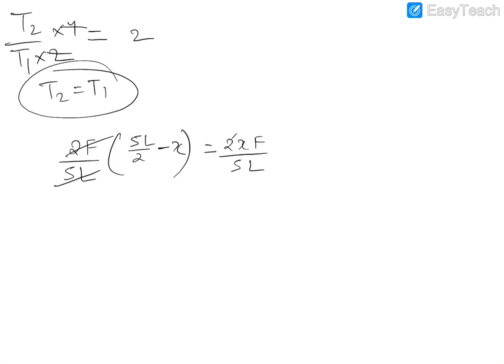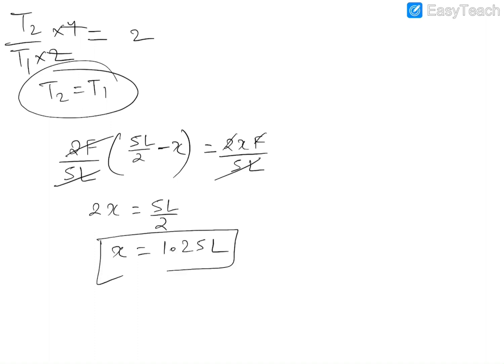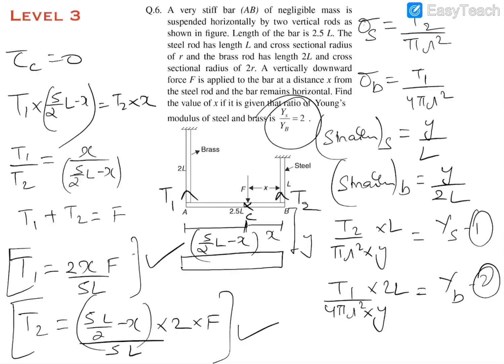Cancelling this with this one. So you can see that 2x is equal to 5L by 2, and therefore x is equal to 1.25L. So this is the correct answer which we were searching for, that for what value of x the extension in both the bars will be equal.